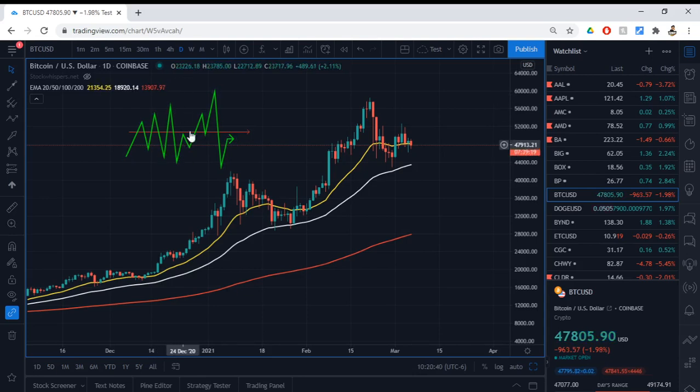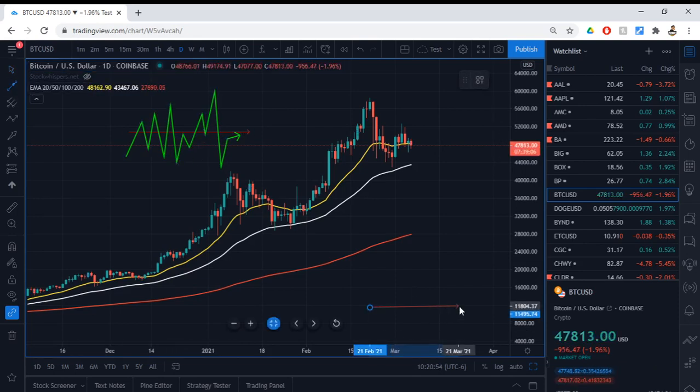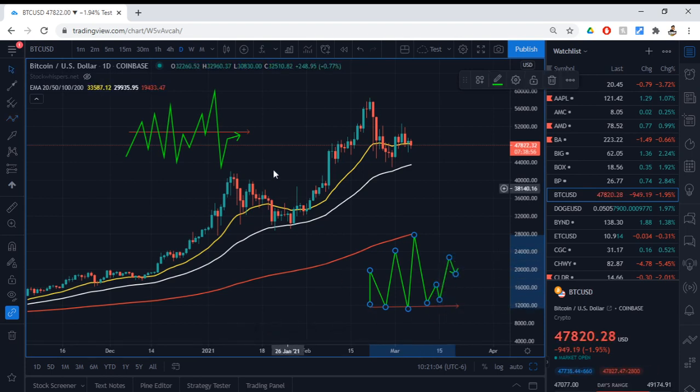Price can go up and down, up and down, and still be holding this moving average. It's still kind of deciding where it's going. Price does not have to do this for us to think that it's holding the moving average. It can be doing this and still be holding the moving average.